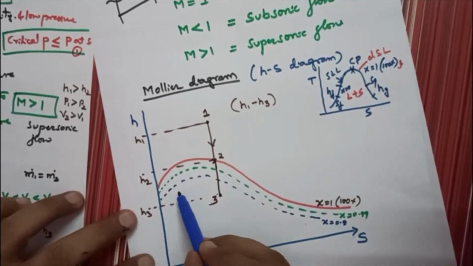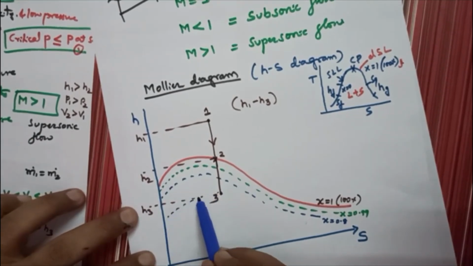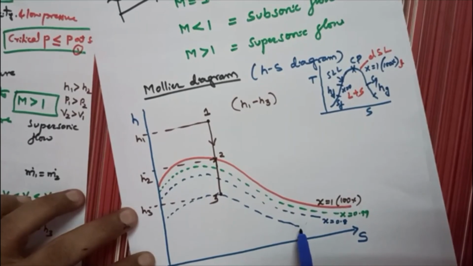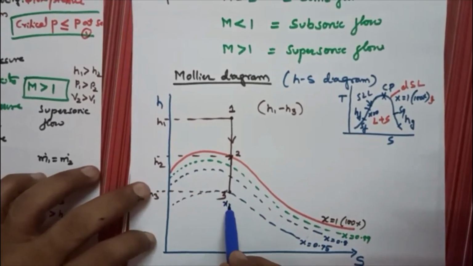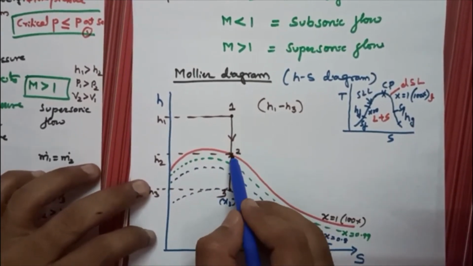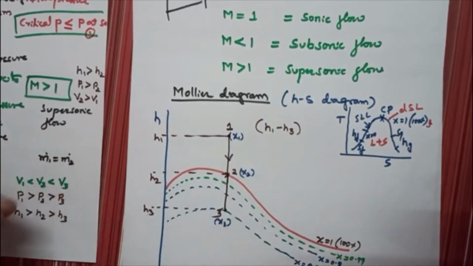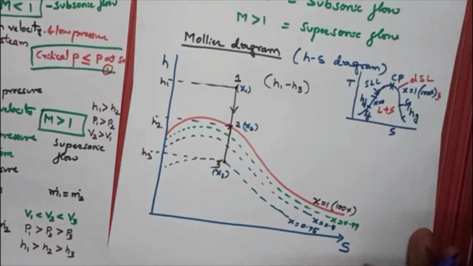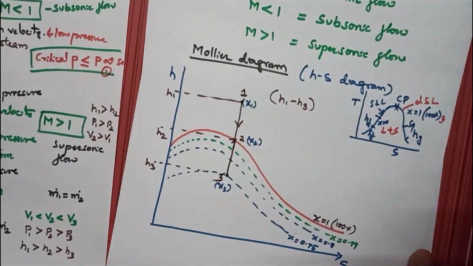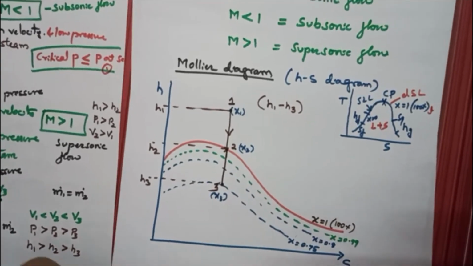Similarly, if you take the curves at point number 3, here it may be x is equal to 0.75, like that. Okay, so x3 is the quality of steam at point number 3, x2 is the quality of steam at point number 2, and x1 is the quality of steam at point number 1. This is how the isentropic process or expansion of steam will be represented in the Mollier diagram. Okay, that is expansion of steam in the nozzles.